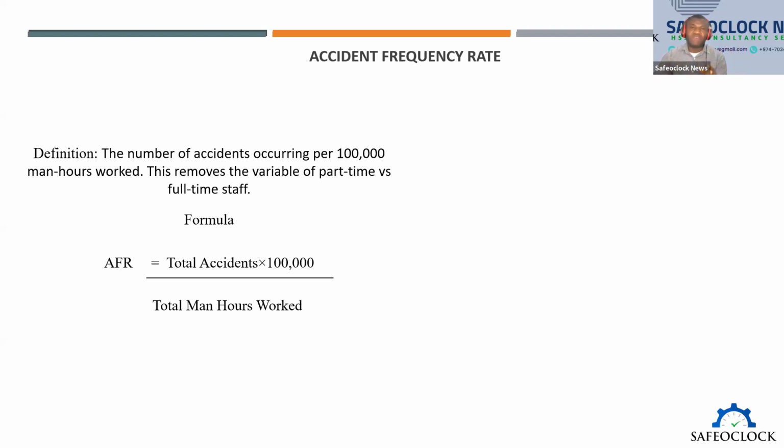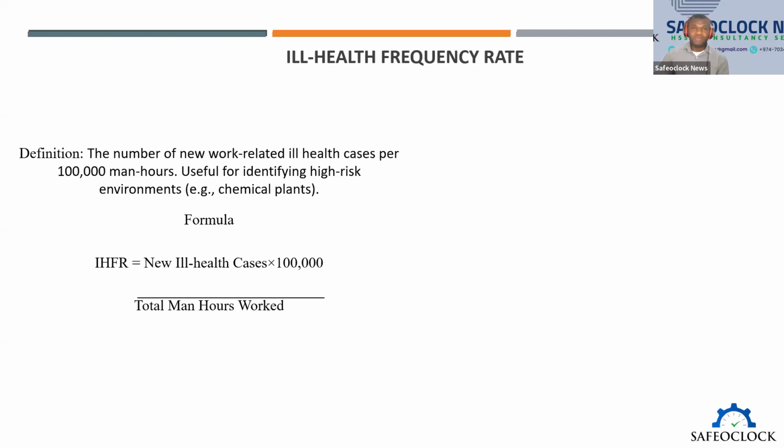So it's what gives us our accident frequency rate. The formula for AFR is total number of accidents multiplied by 100,000, which is our multiplying factor, divided by the total man hours worked. Towards the end, I will tell us how we get total man hours worked, but that is a very simple calculation as well.